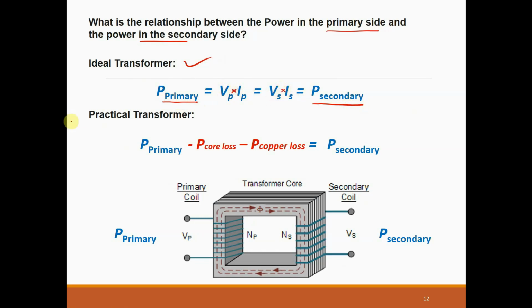But in a practical transformer, there is no transformer with no loss. There should be losses. So the equation is P primary minus P loss, P core loss and P copper loss, equal to the P secondary. So how are we going to relate that in this transformer?